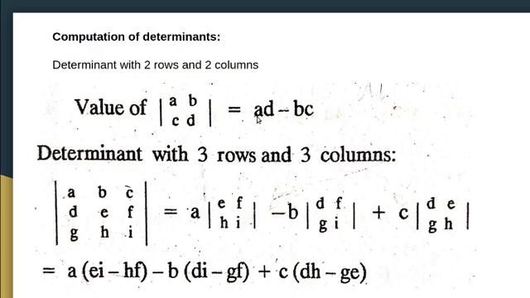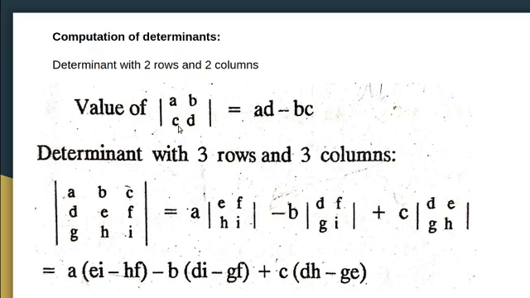The first row, first element is A, then cross multiply with D, you will get AD. Then put a negative sign for the second element, that is minus B, cross multiplied with the opposite element. That is the determinant value of this 2 row 2 column determinant.